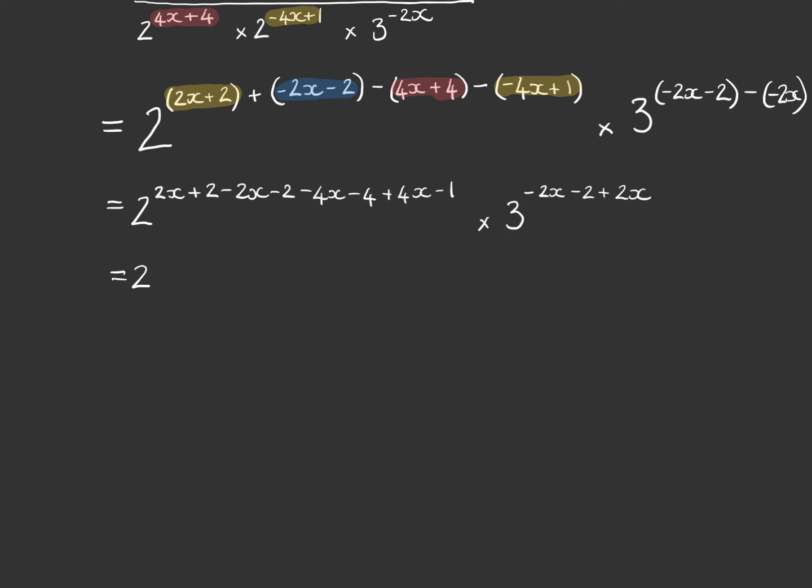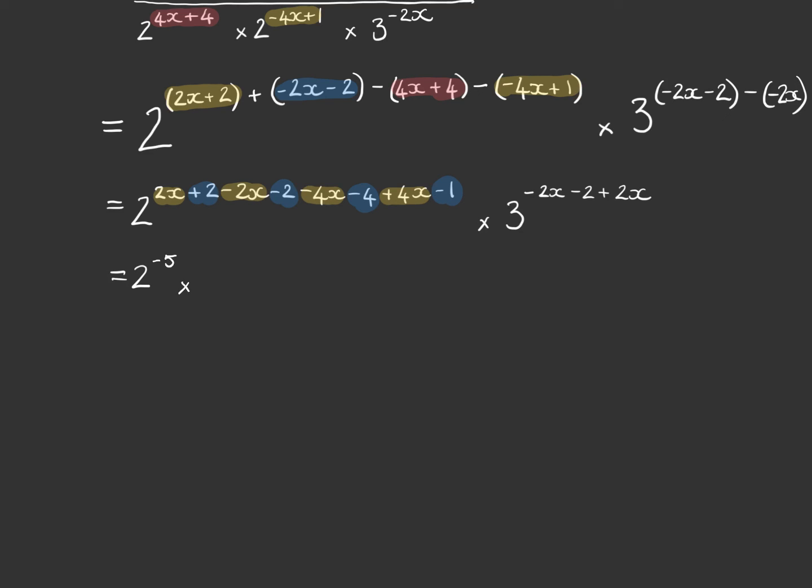So let's just cross it off as we go. 2x minus 2x is 0x, minus 4x is minus 4x, plus 4x is, well, nothing. So we don't put anything down there. So we've got plus 2, and we're minusing 2, that's 0. Then we're minusing 4, so that's minus 4, and we're minusing 1, so that's going to be minus 5.